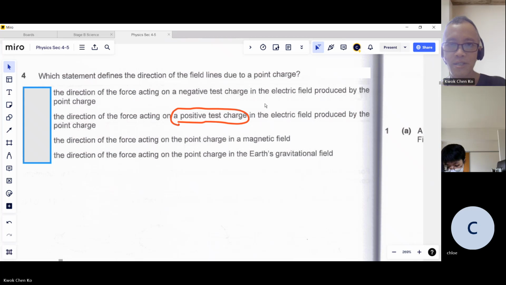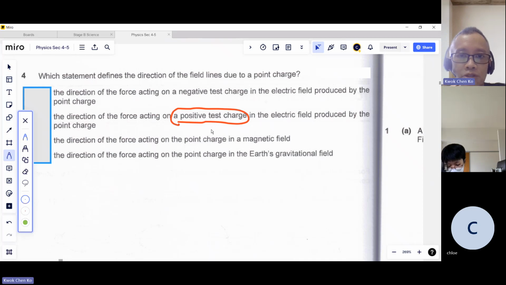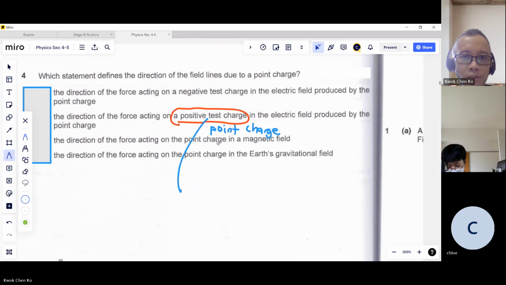Test charge. Or sometimes they'll say point charge. So it means a very small charge floating in the air, perhaps. And over here, they say that it's positive, so it's positive.